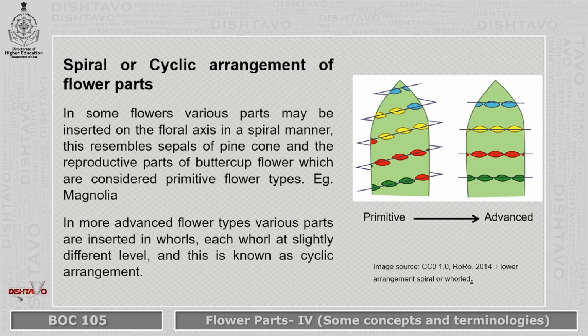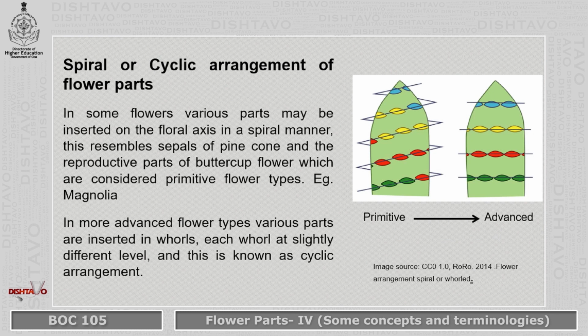In some flowers, especially Michelia, Magnolia, or buttercup, which are primitive flowers, the various flower parts are inserted on the floral axis or the thalamus in a spiral manner, and this resembles the pine cone.